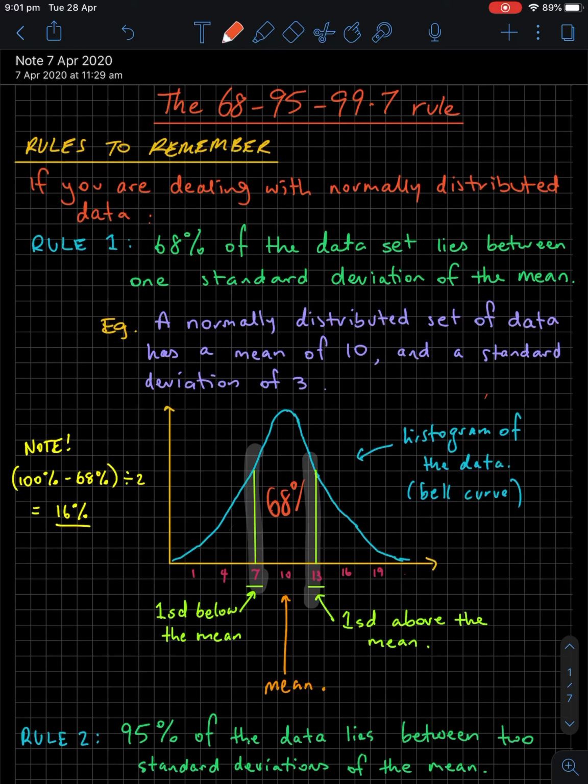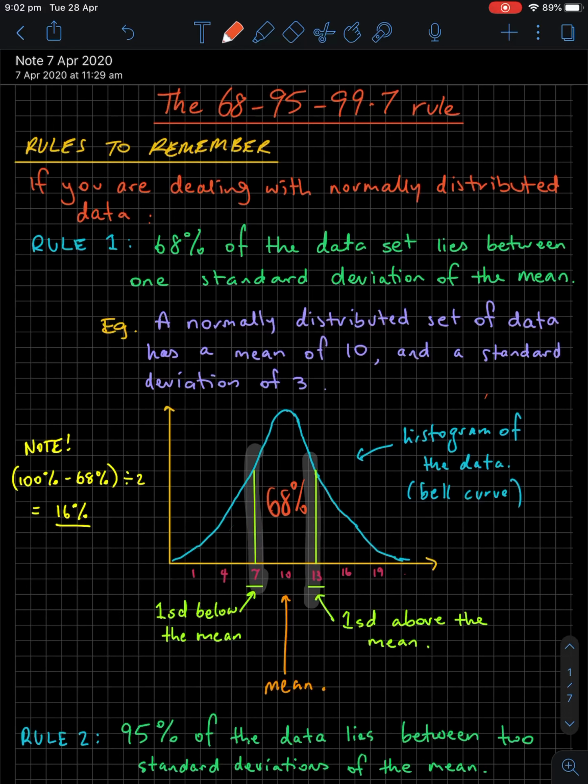You can see that in this area, you're going to have really large columns which represent a lot of data. This is going to be a majority of my data in this section, and so roughly 68% kind of makes sense. So that is the first rule to remember: 68% lie within one standard deviation of the mean.